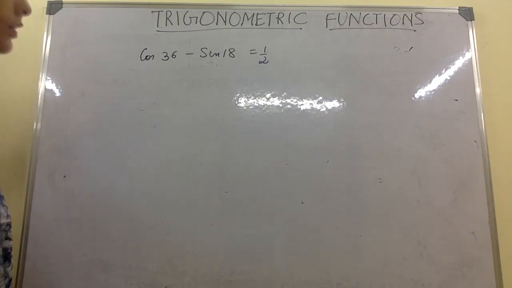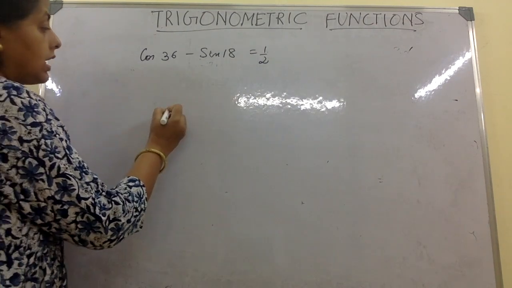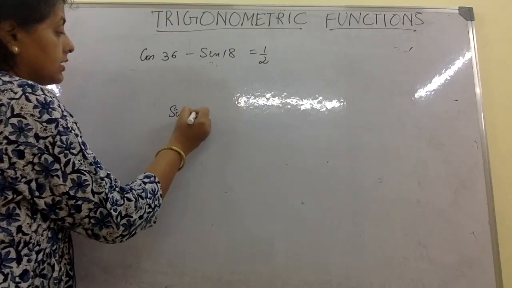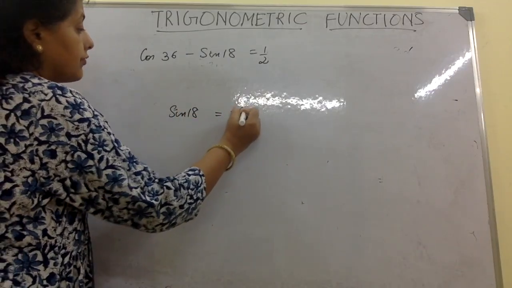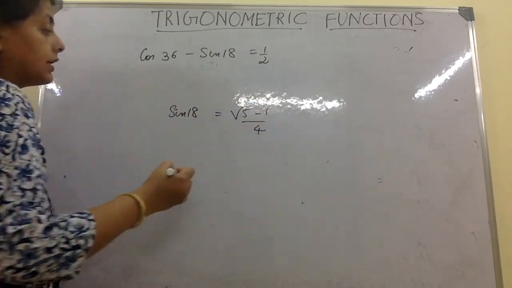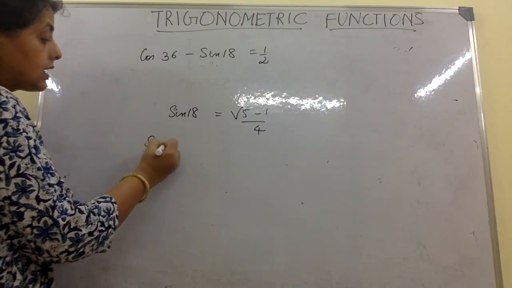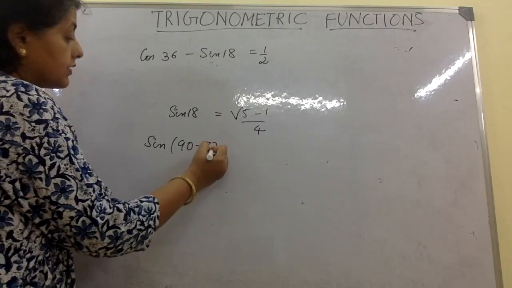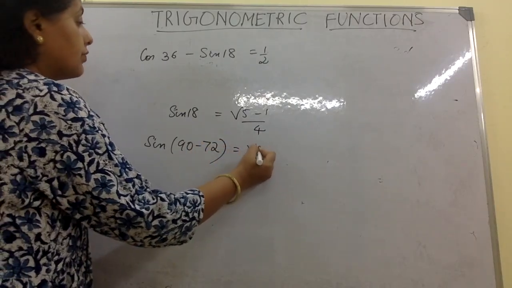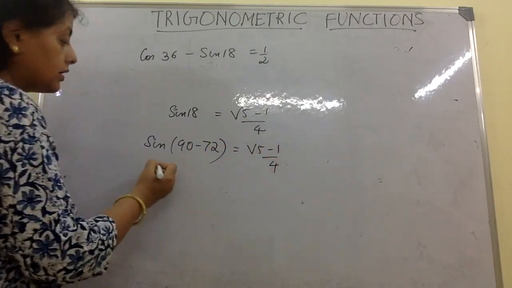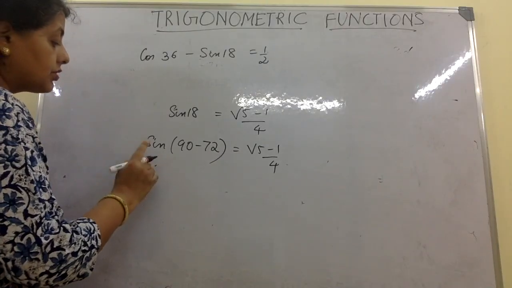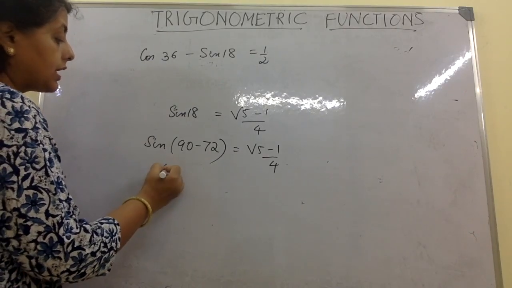Now here I am asking something. If sine 18, just now you saw, is root 5 minus 1 by 4, can I write sine 18 in a different way? Like, can I write sine 90 minus 72? That is also root 5 minus 1 by 4, right? So that becomes not sine anymore, using complementary angles.